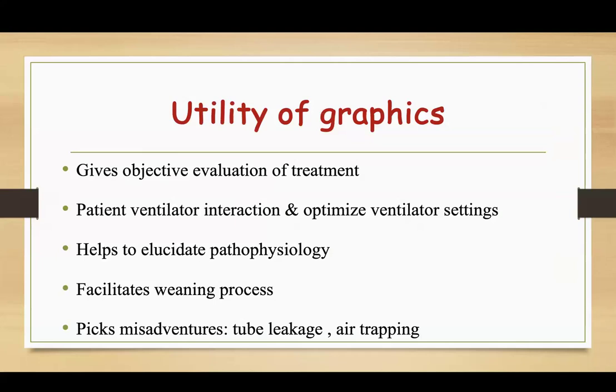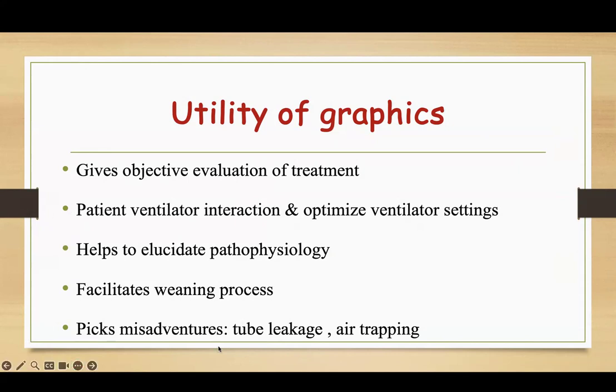With the help of graphics, we can evaluate the patient's lung condition. We can also get feedback, just like our hypothalamus-pituitary axis, about whether the settings you have set up are appropriate or not. How is the lung condition changing, whether the compliance is improving or worsening, can be seen with graphics.